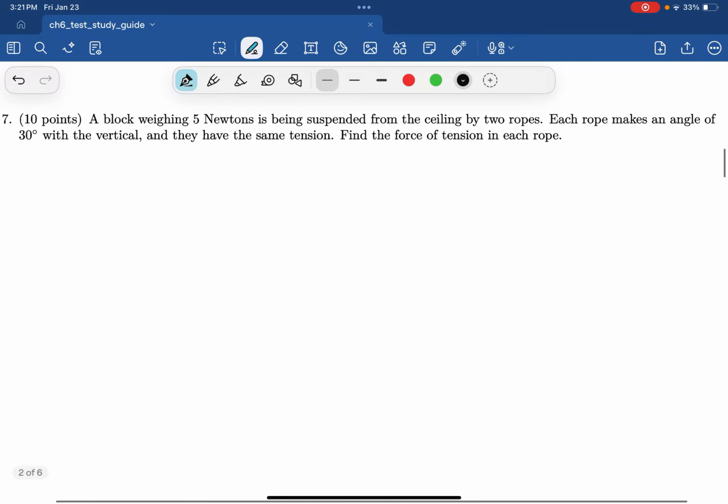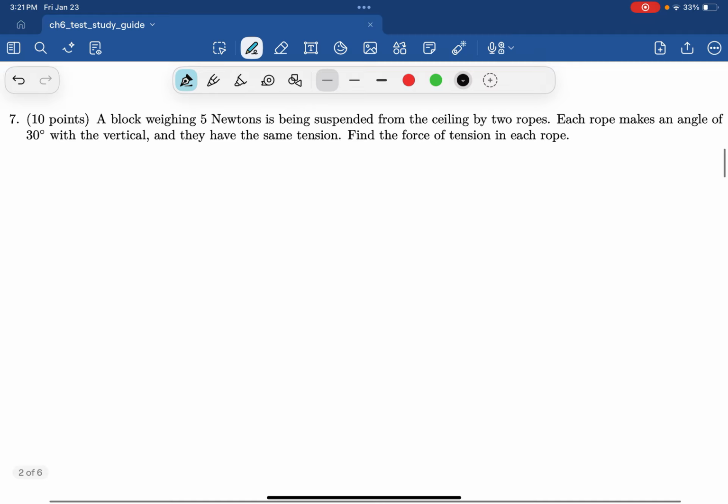All right, here we have a physics problem. And so some important things to note. Okay, we have a block, it's weighing 5 newtons, and it's being suspended from the ceiling by 2 ropes. So if our block is represented by this point, then there are 2 forces due to the 2 ropes that are causing it to be suspended from the ceiling.